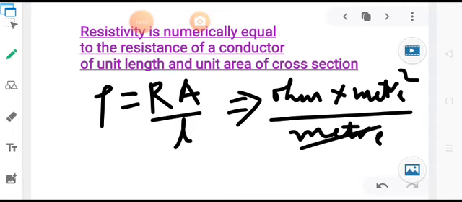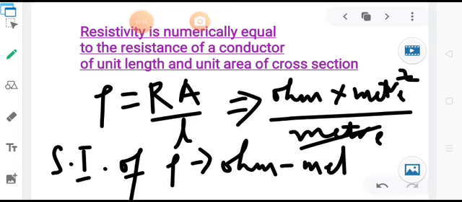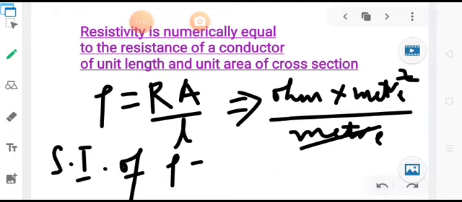So cancelling out, we are left with the SI unit for resistivity, and that is ohm meter. And how can we symbolically represent it? Ohm meter is symbolically represented as this. Okay.